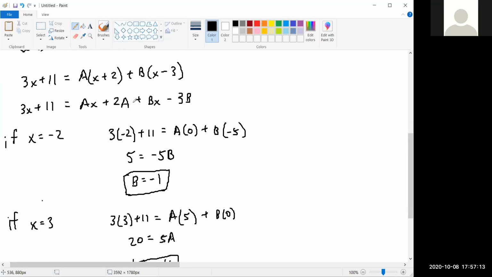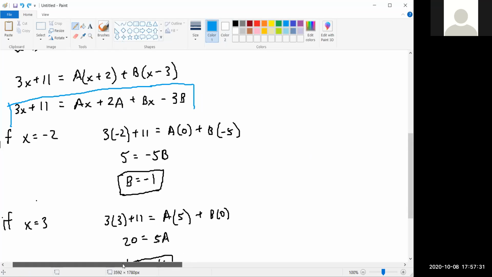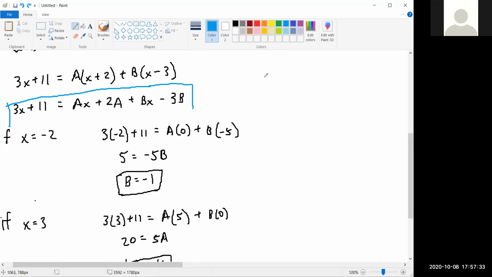Going back to our second equation here, I'm going to group the terms a little differently. I'm going to write 3x plus 11 is equal to ax plus bx plus 2a minus 3b.